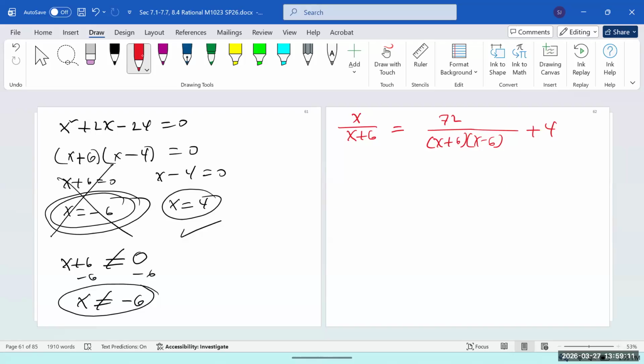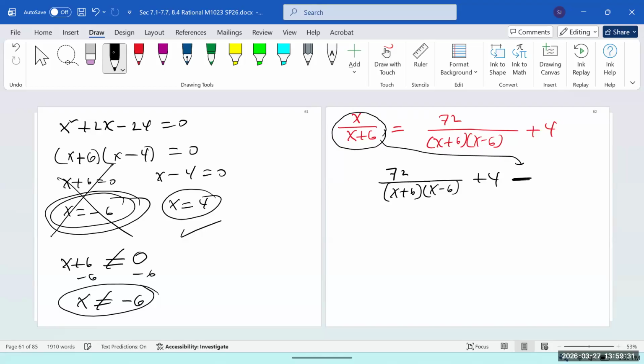Since the left is only one term, let's bring the left to the right. That means we keep our right: 72 over (x plus 6)(x minus 6) plus 4, and you're subtracting this, so minus x over x plus 6 equals 0. If you want, you can bring the right to the left, but then you have to subtract two things. I'm too lazy, so I'm just subtracting one thing.